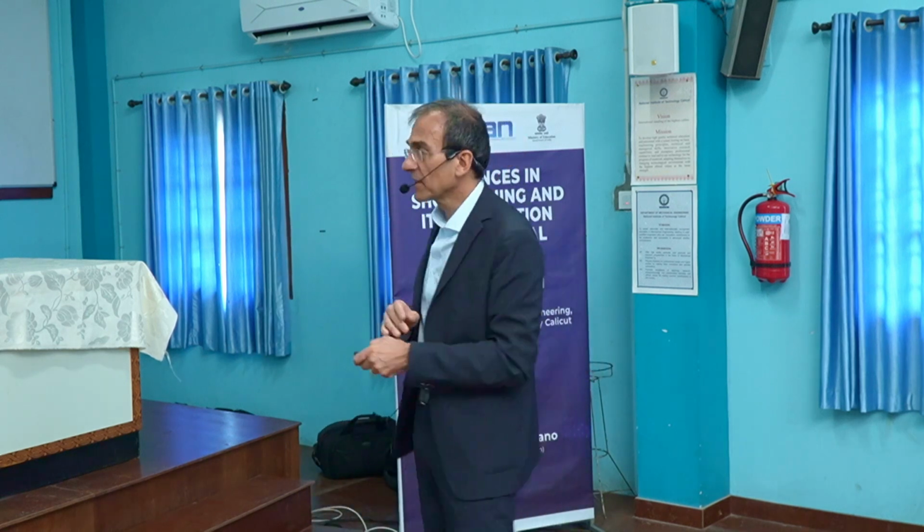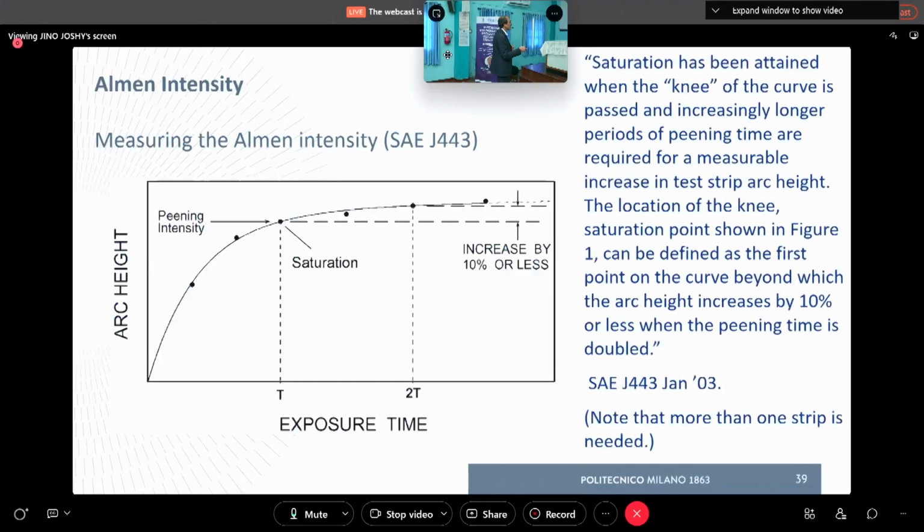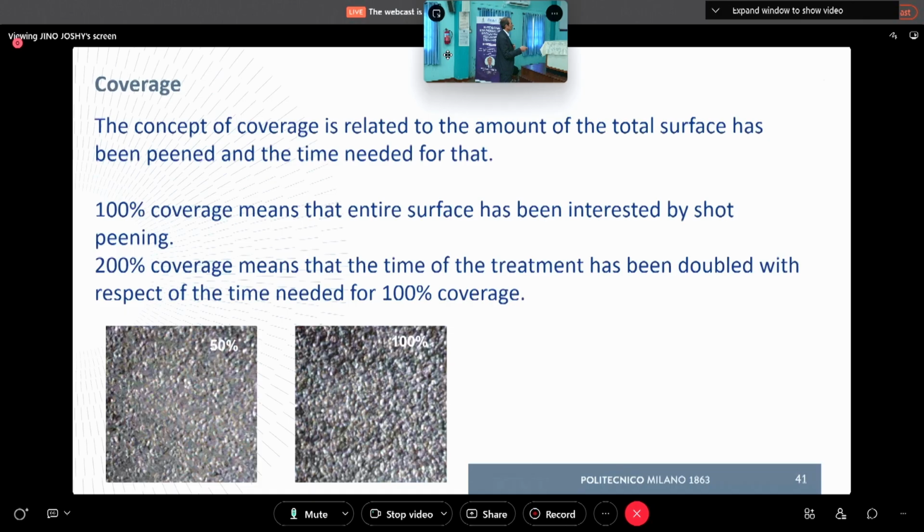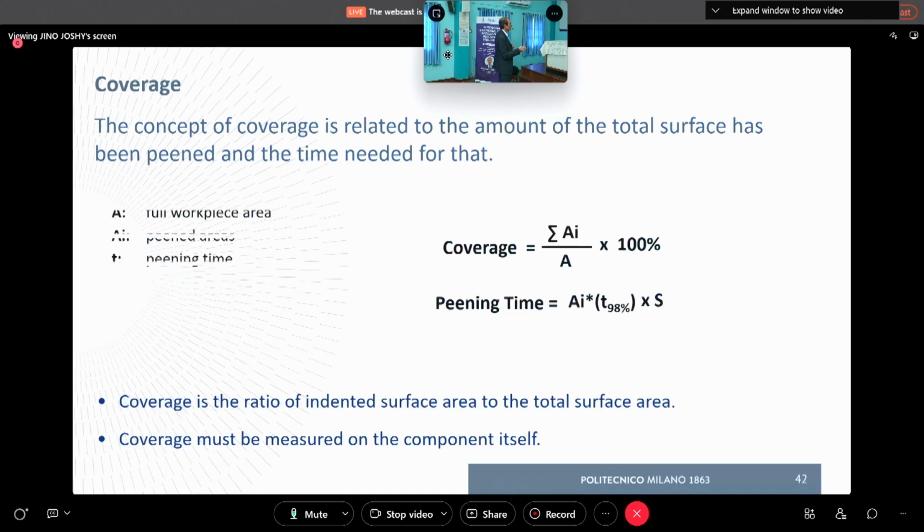Okay, we can proceed. Let's now proceed. As I said, the coverage is the percentage of the peened area with respect to the total area, the full workpiece area, let's say.